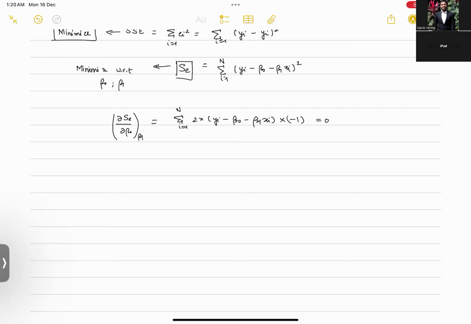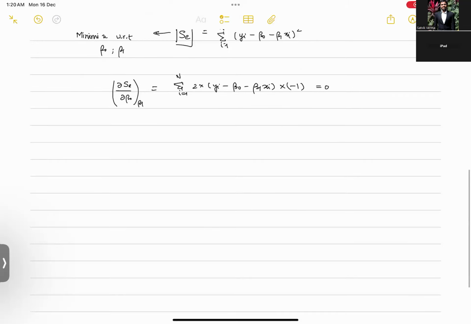And that has to be equal to 0, which makes our equation summation yi minus beta naught minus beta 1 xi equals 0, because 2 and minus 1 can simply be taken out of the summation, right?